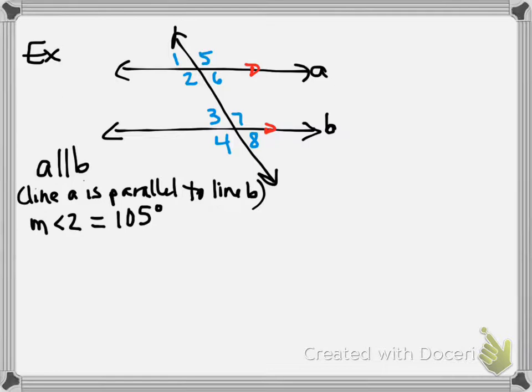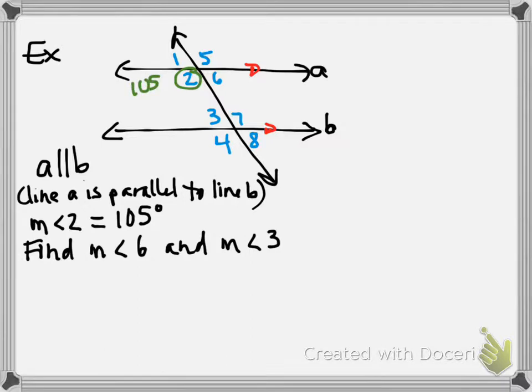Now, my question is, find the measure of angle 6 and the measure of angle 3. So what I'm going to do is put in what I know. Angle 2 is the same as 105 degrees. I'm going to circle up what it is they want me to solve for.